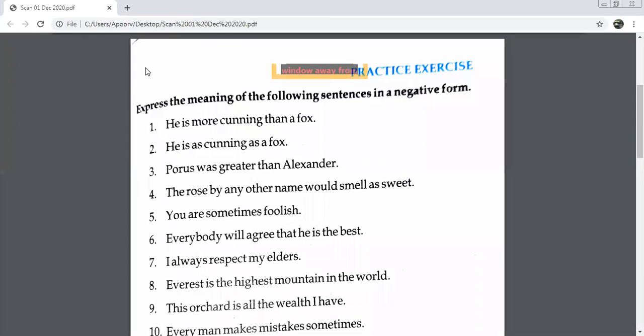No one knows. Ma'am, in physics, only 2 chapters are left. Okay, fine. What about chemistry?